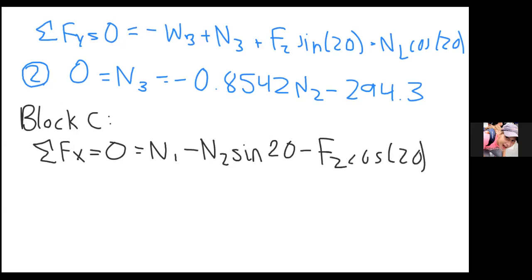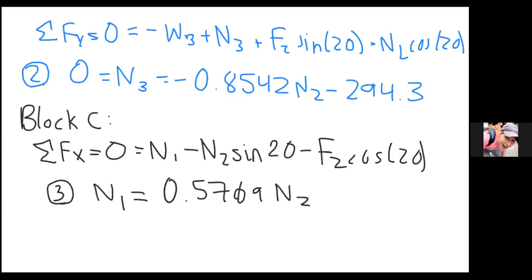I know that I can combine N2 and F2. So I end up being able to write this equation, which I'm going to call equation 3, as N1 is equal to 0.5769 N2. And this is the first equation we've had that's kind of nice like this, if we're being honest.